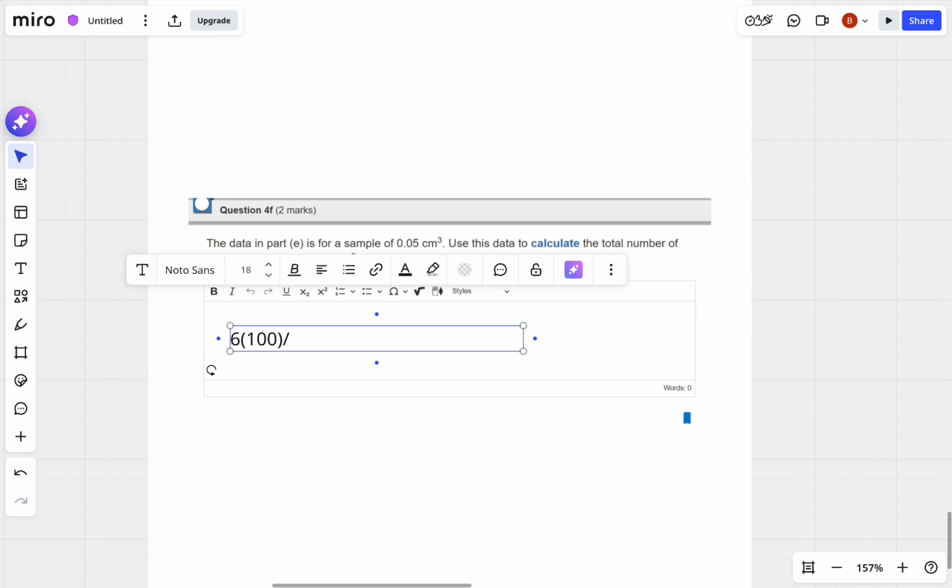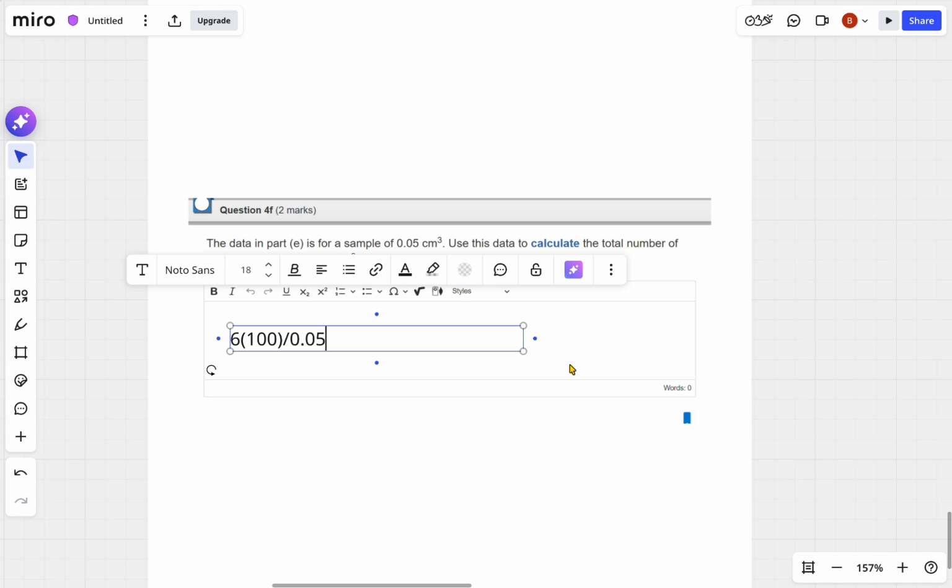We're going to divide this by 0.05, because first we're finding out how many might hatch in 100 centimeter cube, and then we're going to divide this by 0.05 to find the total number, to see how many cysts will actually hatch.